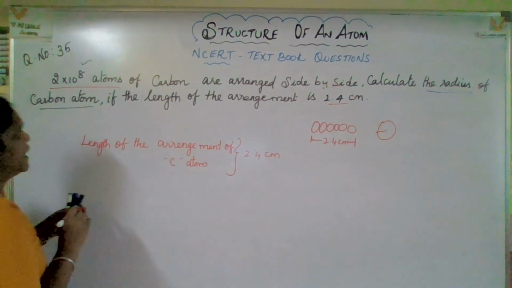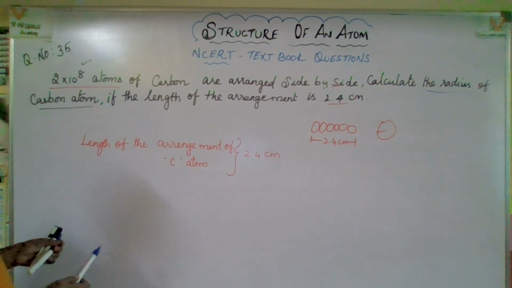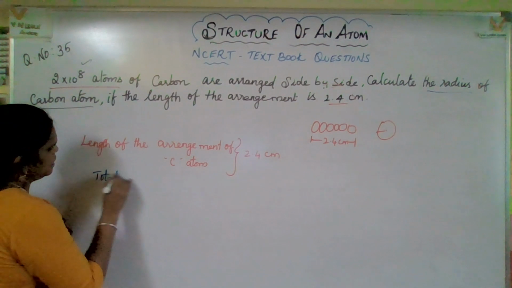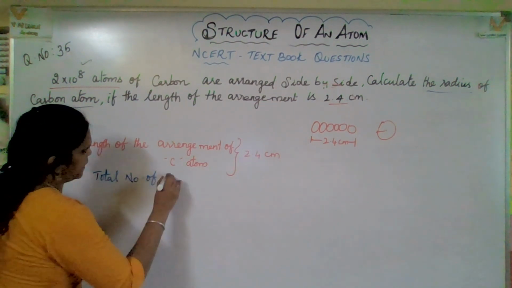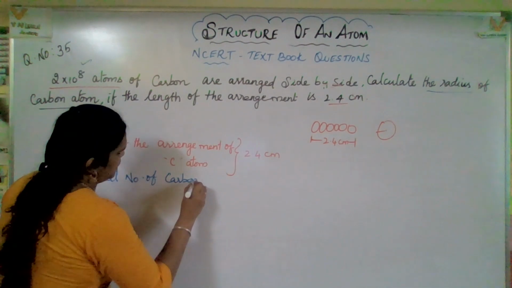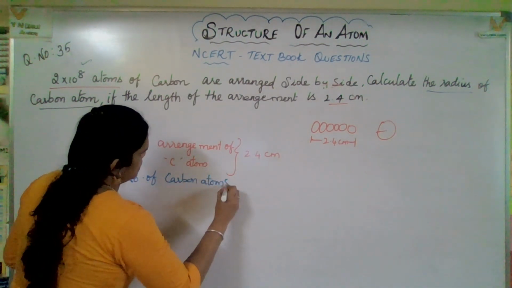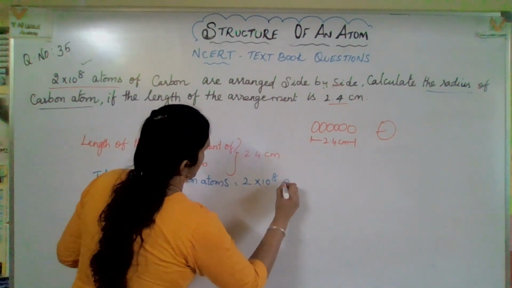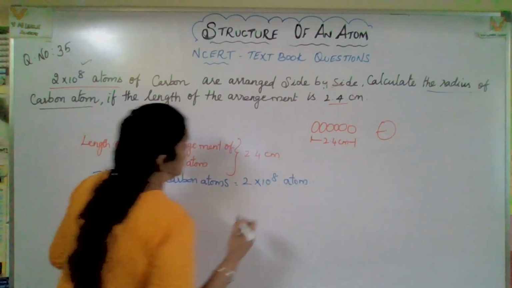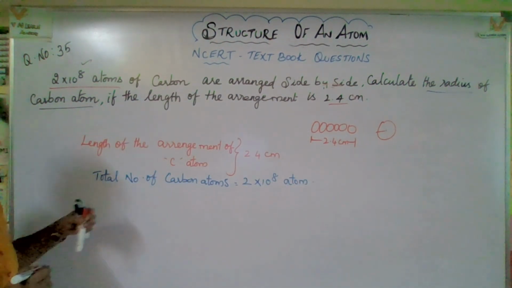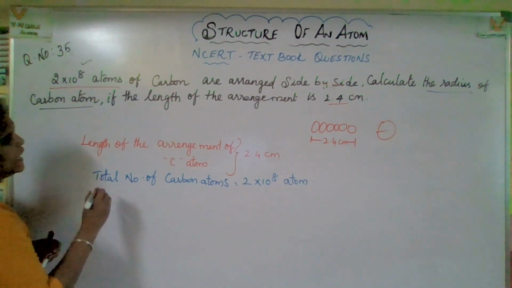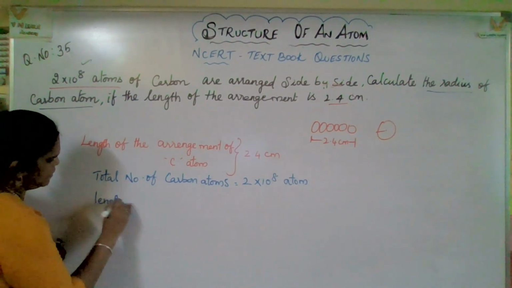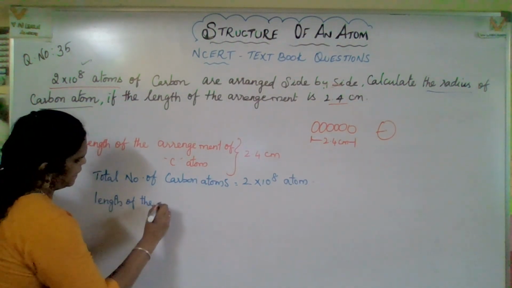Now, the total number of carbon atoms is 2 into 10 to the power of 8 atoms. Okay, now let us check the radius. Before that, let us find out the length of the arrangement of carbon.